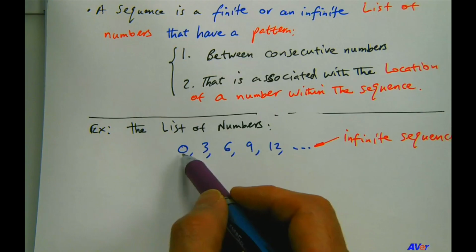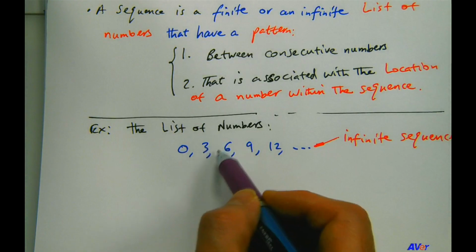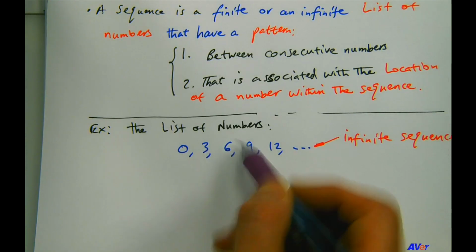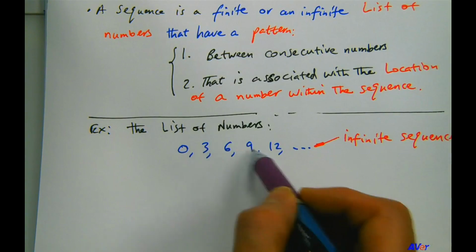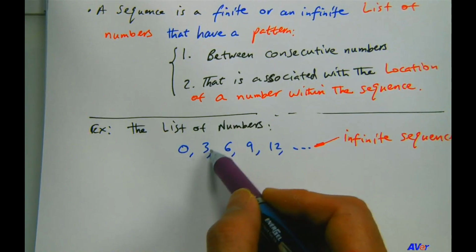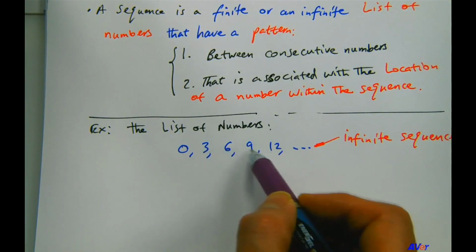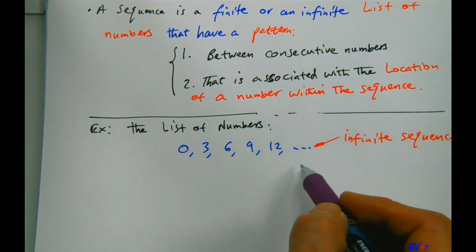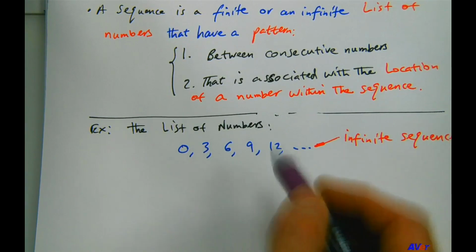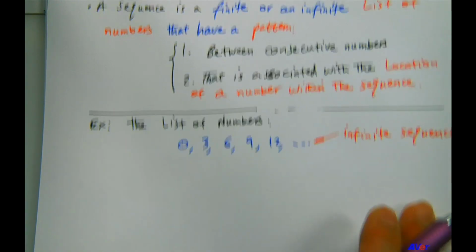If you take 0 and add 3 to it, you get the next number. If you take 3 and add 3 to it again, you get 6. So every number in the sequence can be obtained by taking the previous number and adding 3. That's the pattern, and this can be considered a sequence. If there's no pattern in the list of numbers, then that is not a sequence. A sequence always has a pattern between the consecutive numbers.